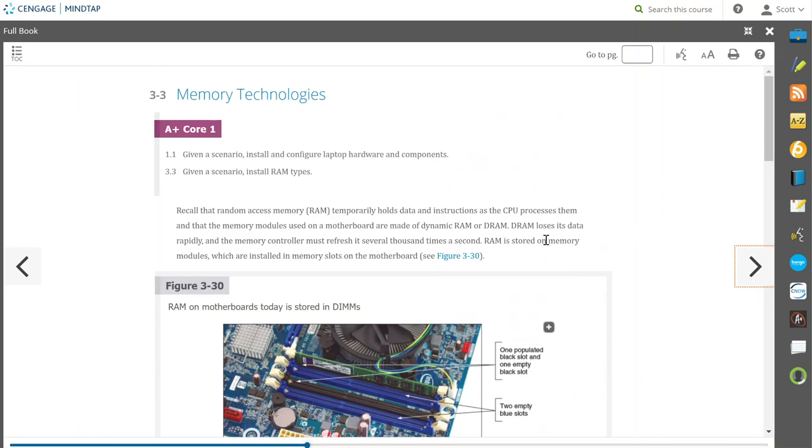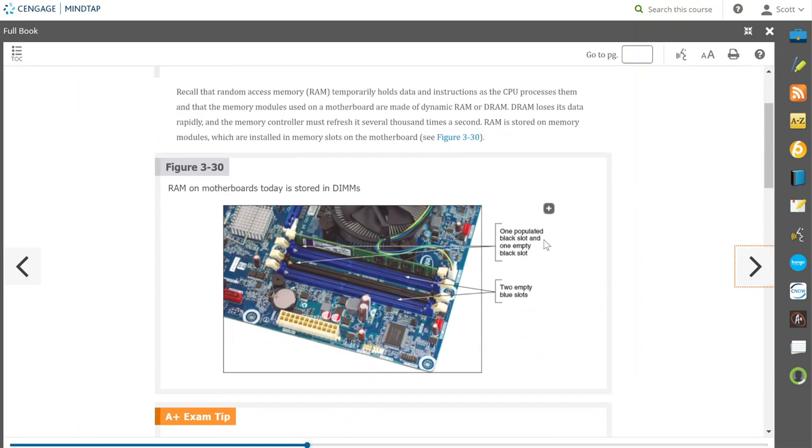Now let's talk about RAM or memory. Traditionally in system units, you'll have four slots. You might have less on a smaller form factor or on a laptop.